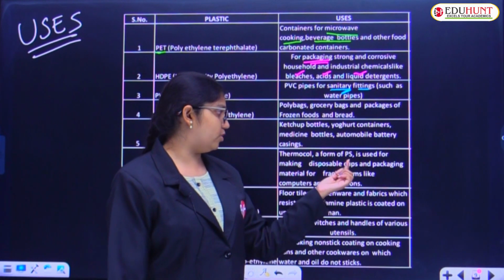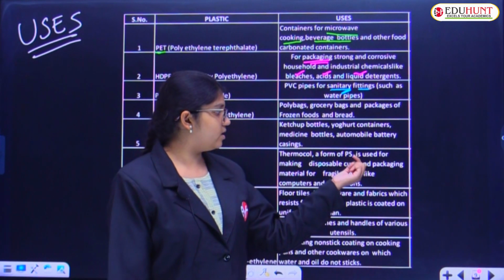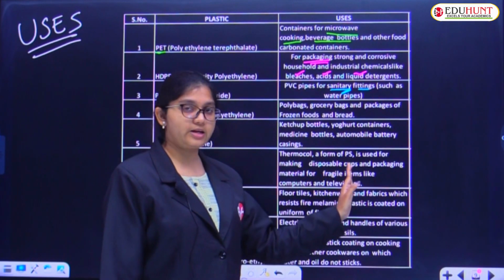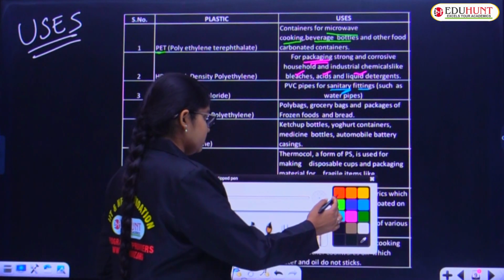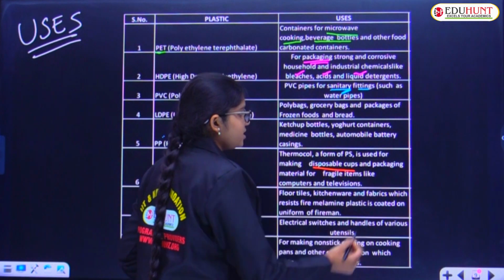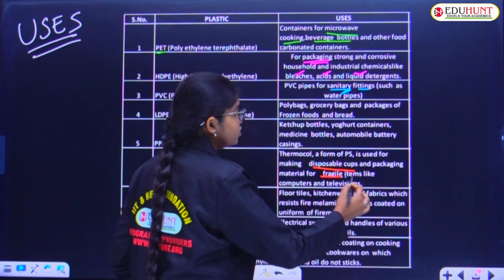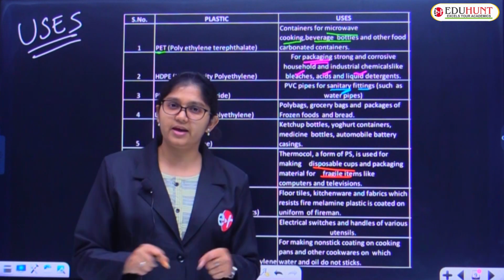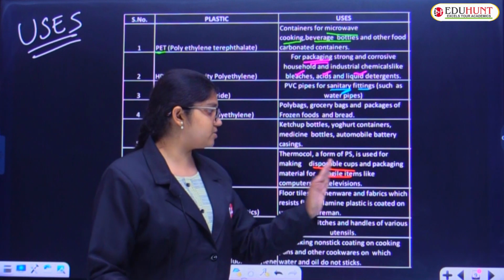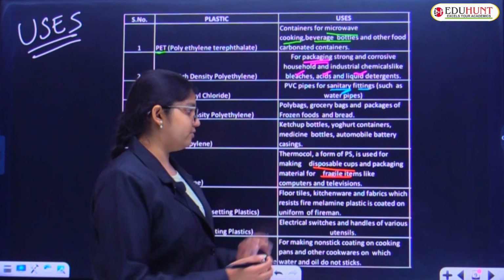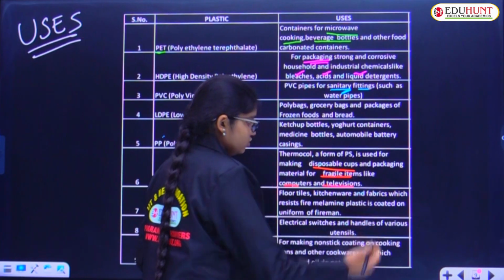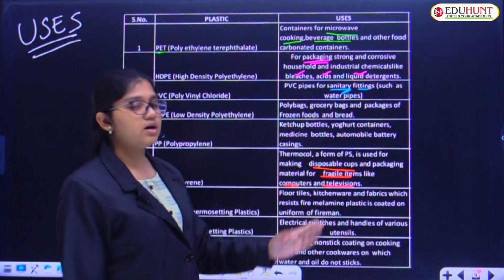It is a form of PS and it is used for making disposable cups. Important one. Disposable cups and packaging materials of fragile items. Fragile means items that break easily, like computers and televisions also. So this is thermocol.